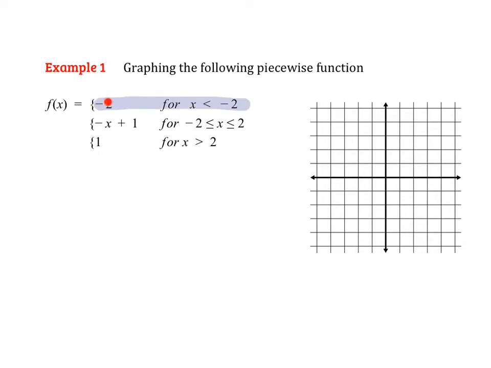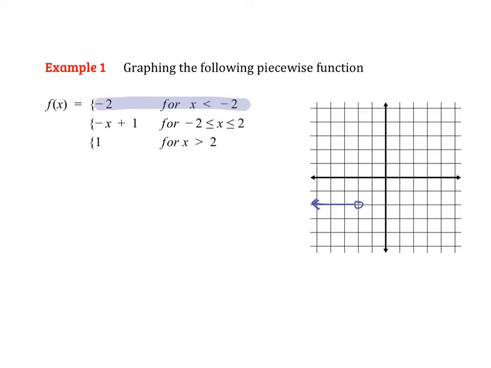This says that f of x is -2 for any x value that is less than -2. I'm still going to evaluate this function at -2. I'm just going to make sure to put an open circle. So when x is -2, y would be -2, but again, an open circle. And then I just do a constant function to the left because it's for all x values less than -2.